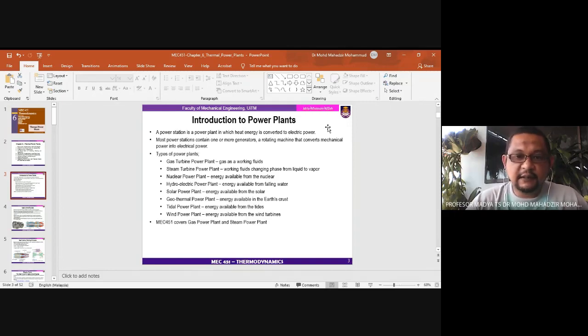This is a power plant that uses gas as a working fluid. And what about steam turbine power plant? This is a power plant that uses vapor or liquid as a working fluid to convert it to energy. But in this chapter, we only cover the gas power plant and steam power plant.